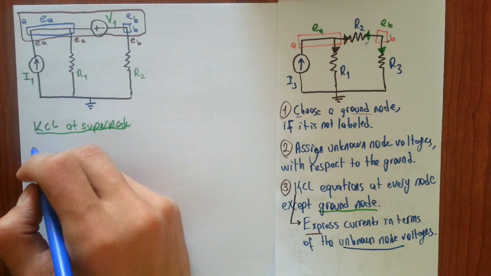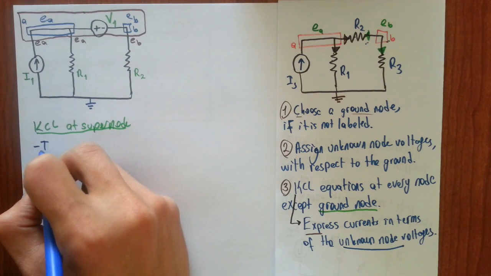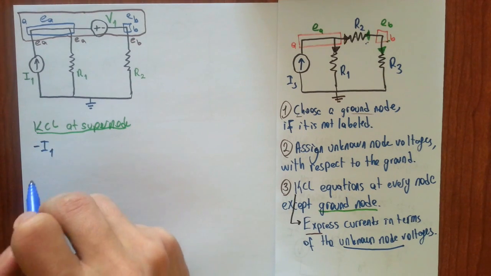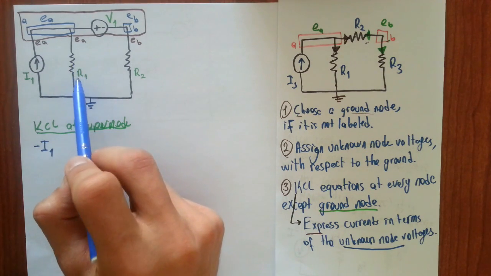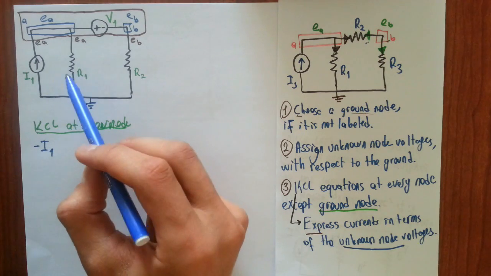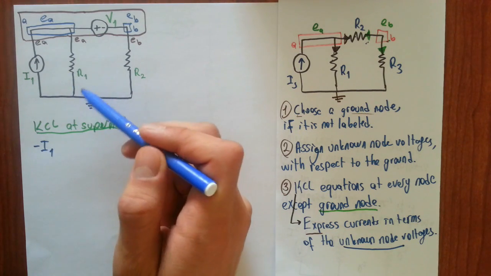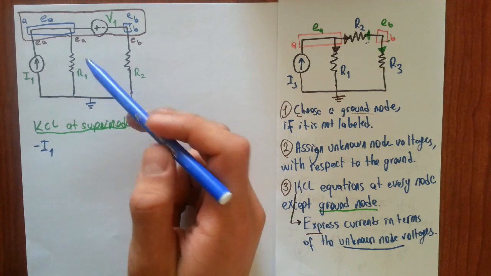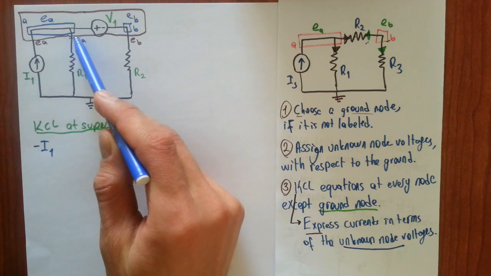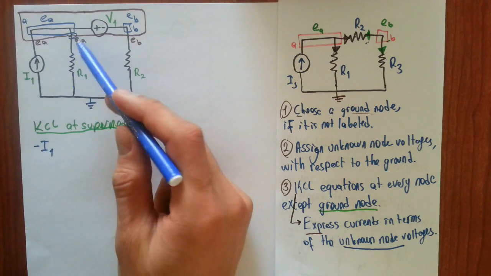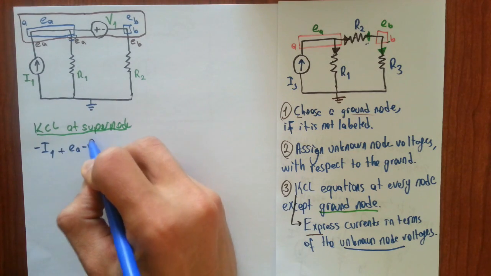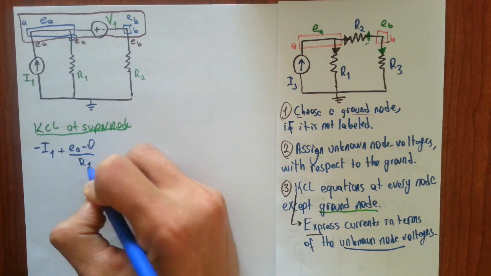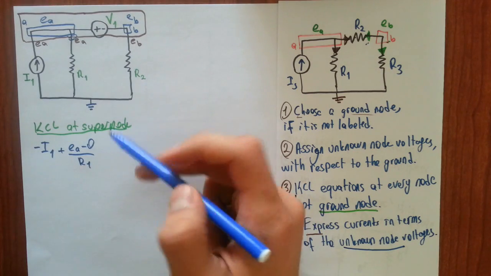It's entering the supernode, which means you should write minus I1. We don't know the current through R1, and that's assumed to be away from the supernode. Notice that R1 is connected to the left terminal, so the voltage across R1 is simply EA minus 0, and if we divide this by R1, we can find the current value.